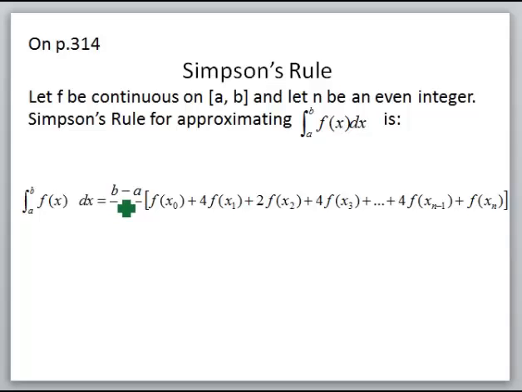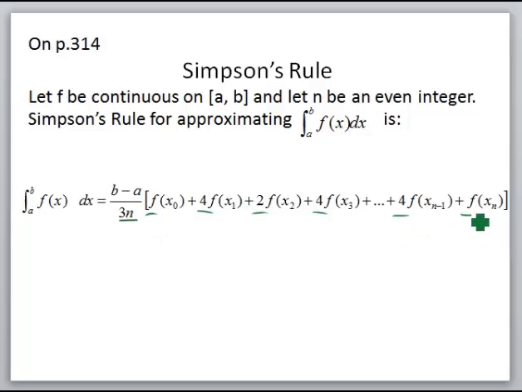The trapezoidal rule has b minus a divided by 2n, and the Simpson's rule has b minus a all over 3n. And then if you also look, the coefficients on the other one were 1, 2, 2, 2, 2, 2. In the Simpson's rule, it's 1, 4, 2, 4, 2, 4, 1.